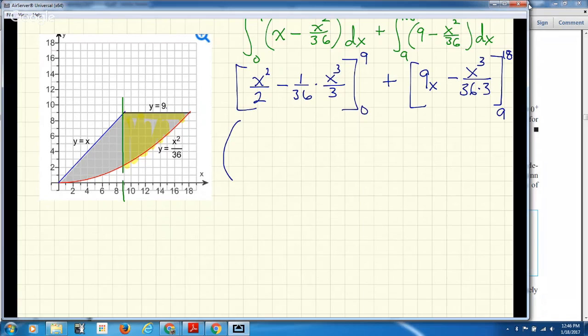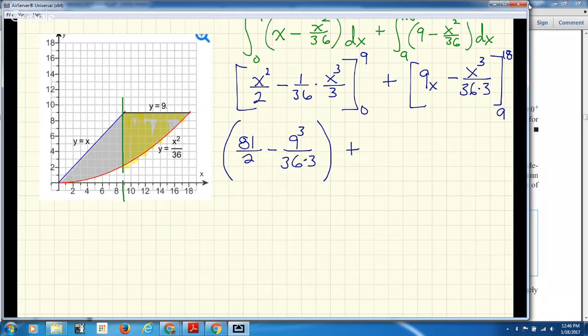I'll have 9 squared, which is 81 halves, minus 9 cubed. I don't know what that is off the top of my head, divided by 36 times 3. And we can do some cancellation there. And then when I plug in 0 to either of these, I get 0. So there is nothing to subtract there.